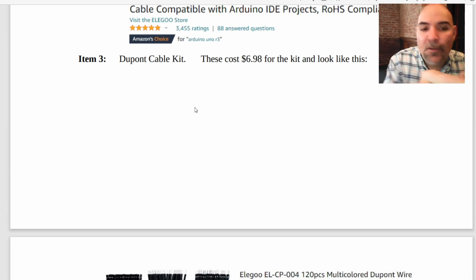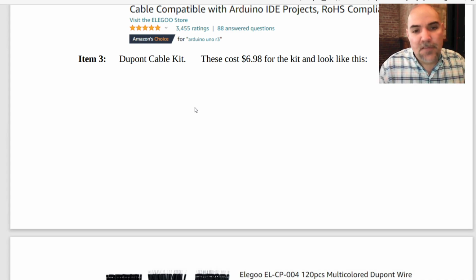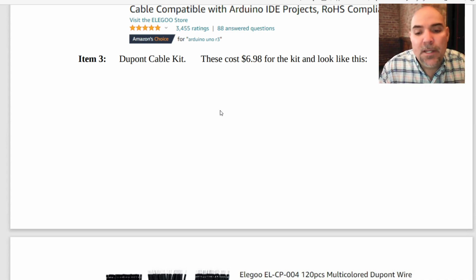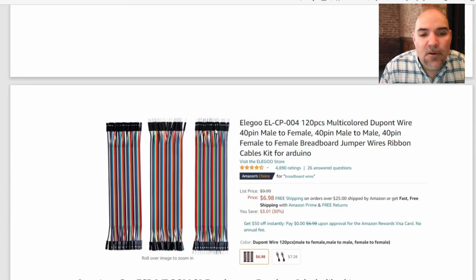This kit costs $7, and you get 120 different varieties of these, and they're all made in these rainbow colors, so it's easy to tell which one goes to where on the other end. And these also can be split, so you can actually peel off those. So you basically get 40 of each of these varieties.